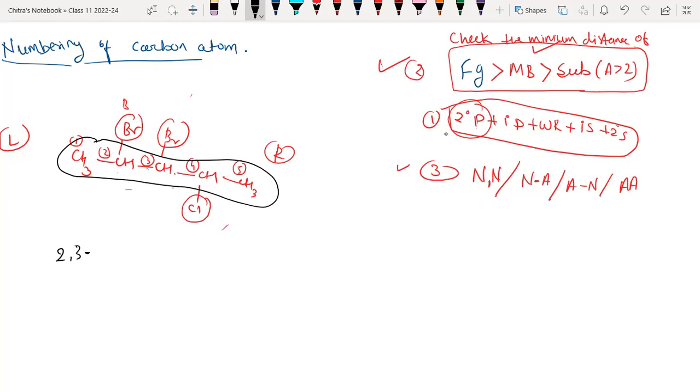For twice, we write di. Di means 2. For bromine, we use bromo. So it is 2,3-dibromo.